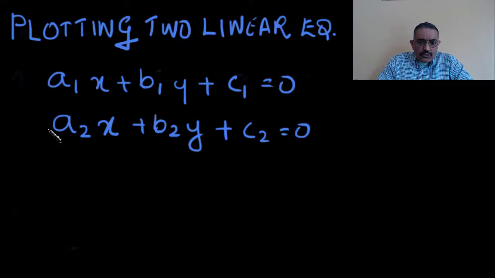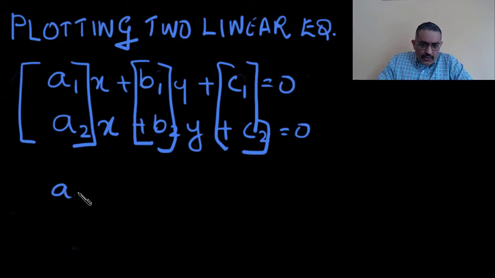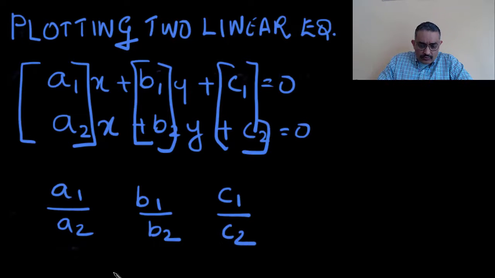Now our goal is to check the ratio of the x coefficient, the y coefficient, and the constant term. All right, so A1 by A2, B1 by B2, and C1 by C2.